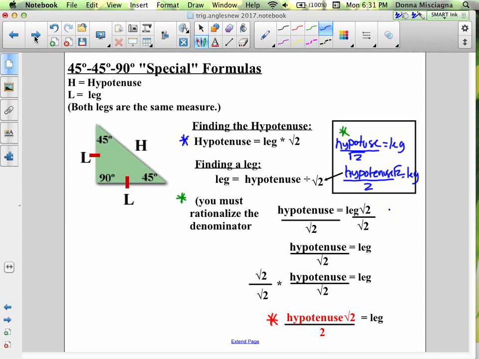The hypotenuse is equal to the leg times the square root of 2. Finding a leg: the leg is equal to the hypotenuse divided by the square root of 2. Or you may prefer writing it like in the box there, as opposed to writing it with a division symbol. Now you do need to rationalize the denominator.